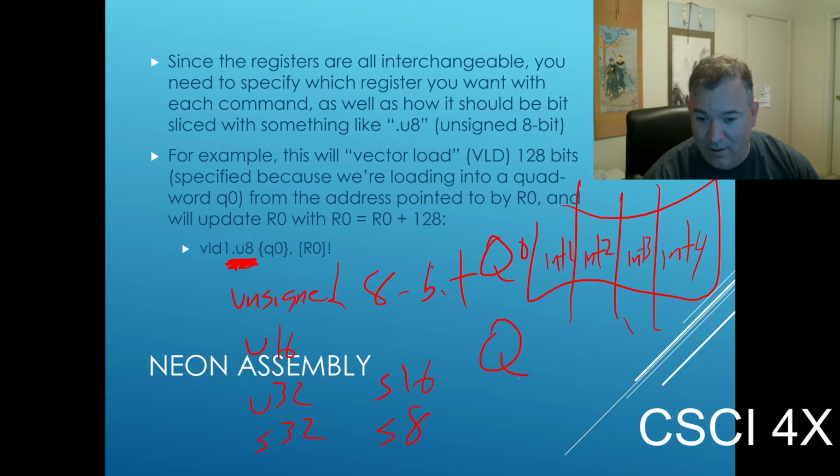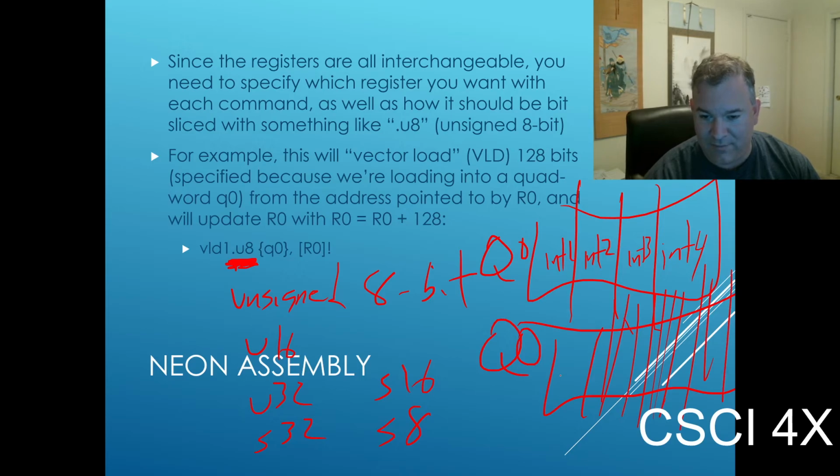Are we going to treat it that way, or are we going to treat it as if it was 16 different chars? Char 1, char 2. Do you guys understand? So every time you do an operation with the vector, in any vector operation, you have to tell it, is this a vector of chars? Is it a vector of ints? Is it a vector of halves, shorts?